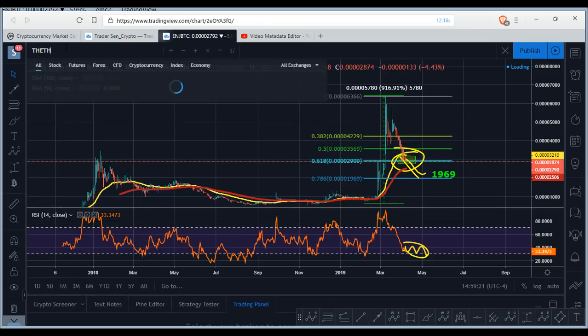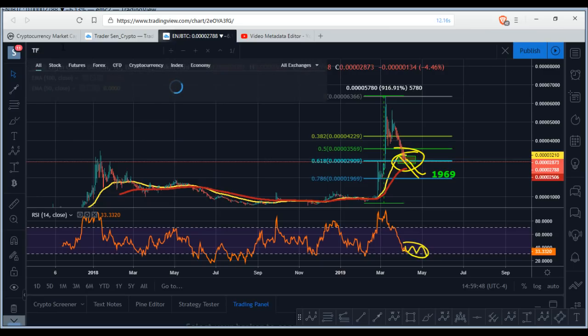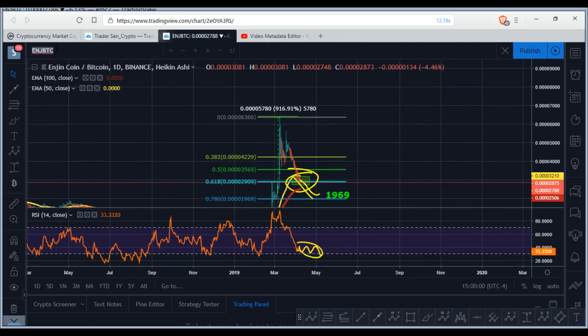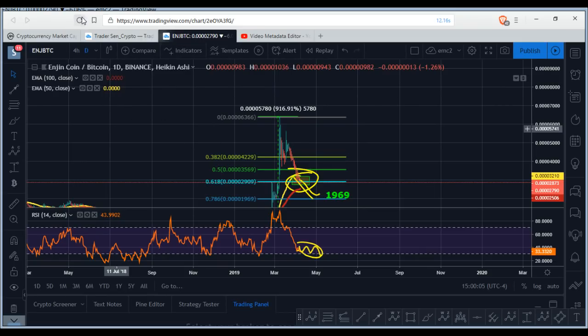Oops, for some reason it doesn't want to show up. It's not showing up, guys. The coin you're asking about is not showing up on TradingView. I think TradingView is just slowing down for some reason. Let me just refresh it.